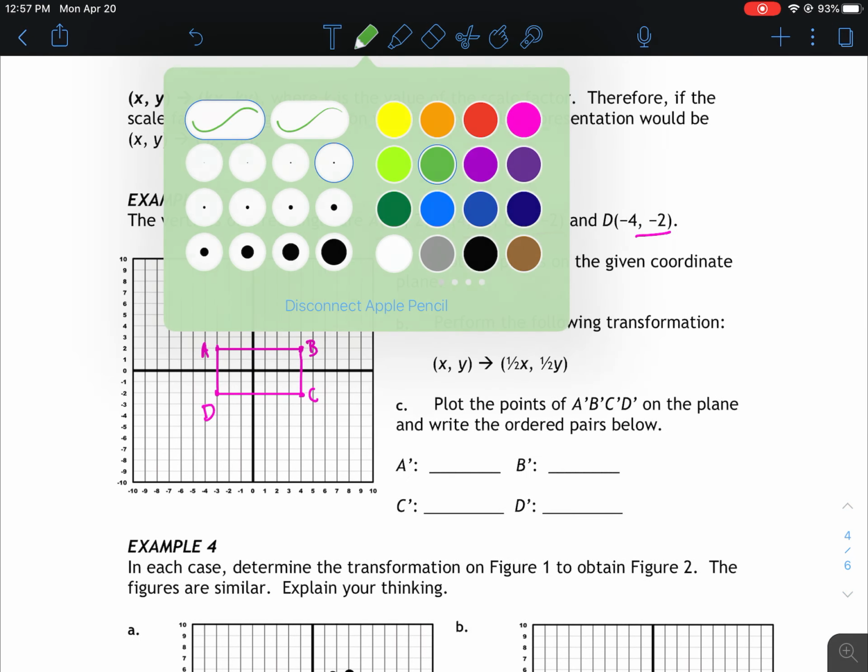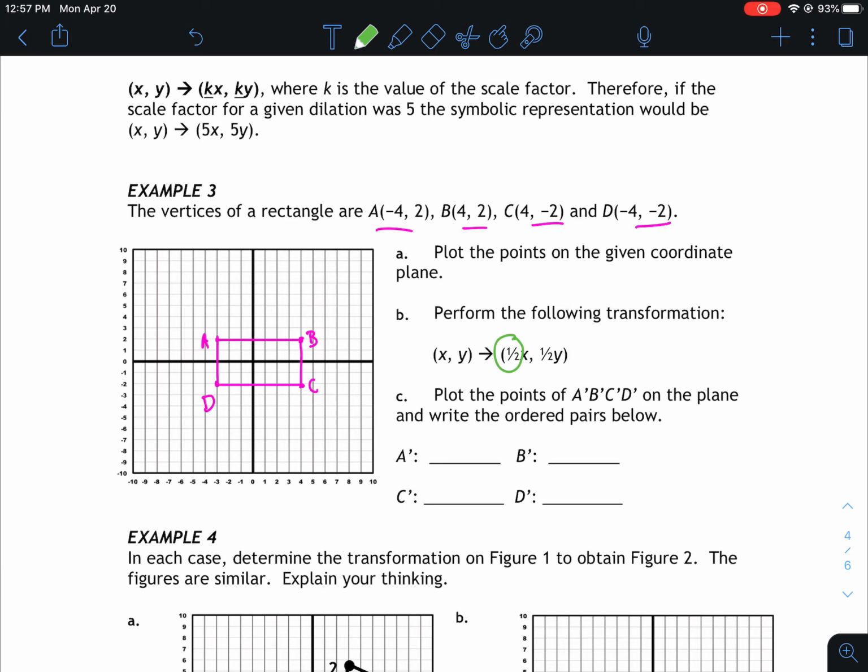All right. Now I'm going to perform a scale factor of 1/2. So I'm going to take half of each and every number. If I'm looking at letter A, I have -4, +2. So half of that is going to be -2, and half of 2 is +2. And you know what?